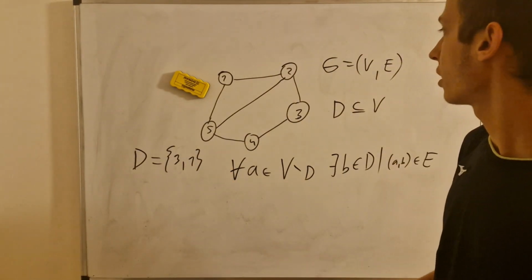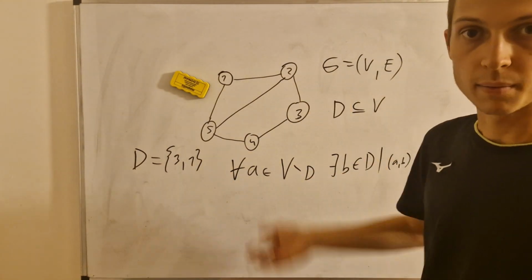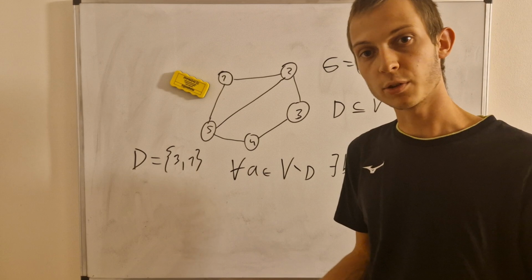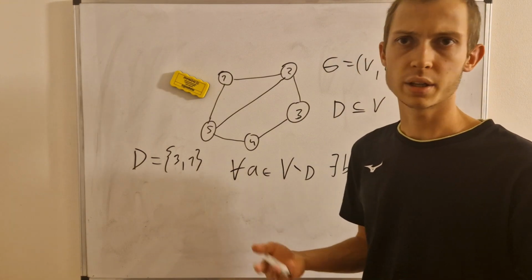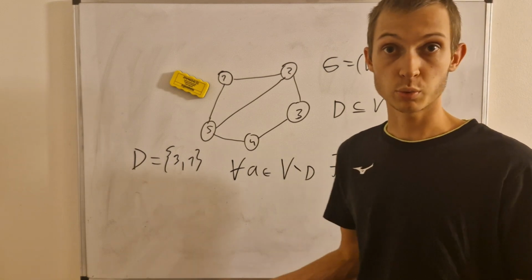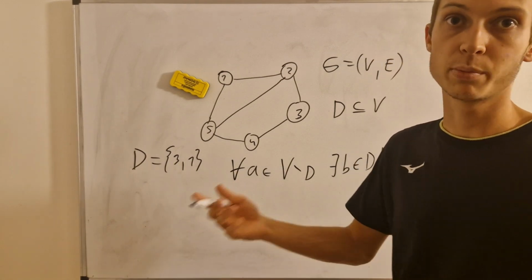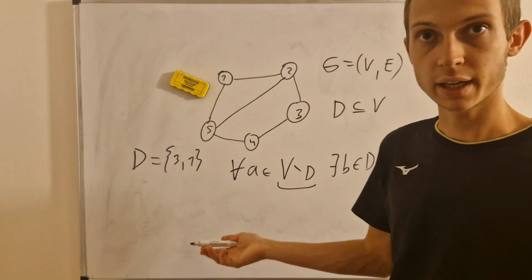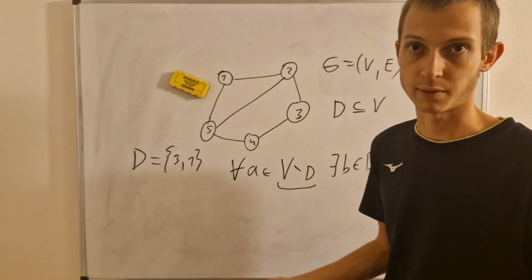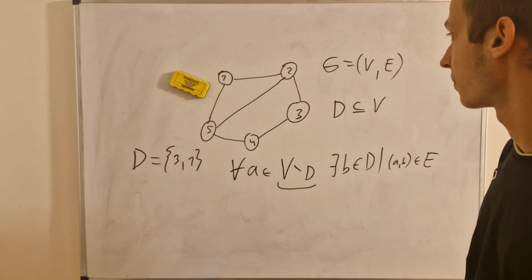And does that work? Let's see. As I said, the point is we choose some vertices of the vertex set and we check if one or the other connects to the rest. We could choose 3 as well, that would work. We could choose the whole set itself and then there would be no vertices left to connect to anyway, so it would by default be satisfying.